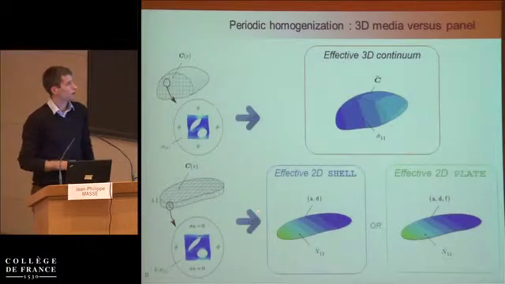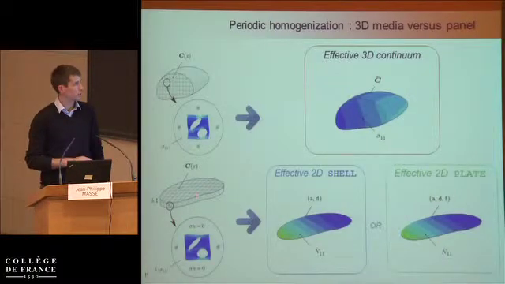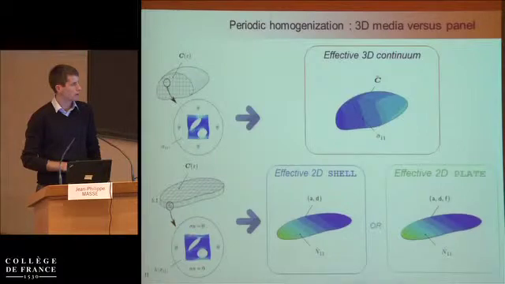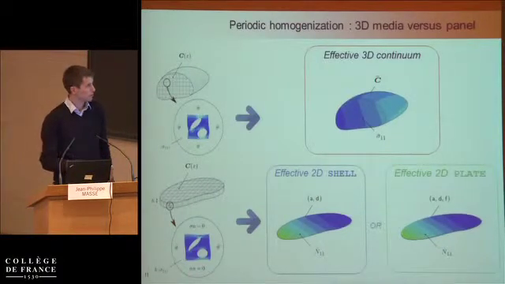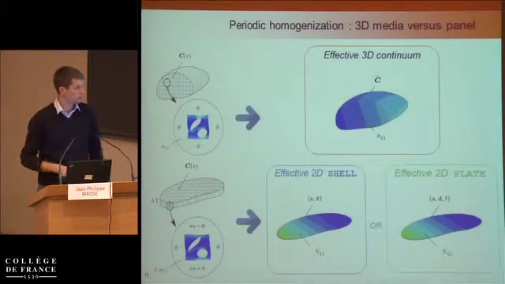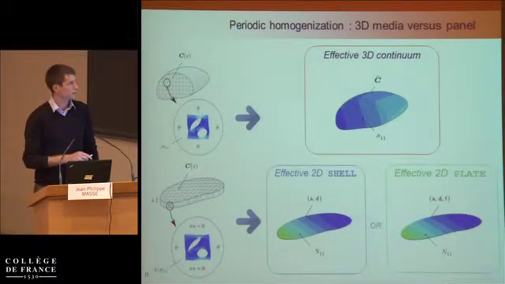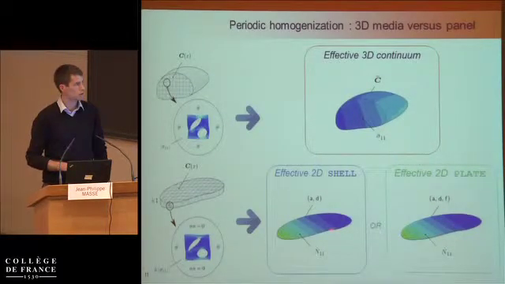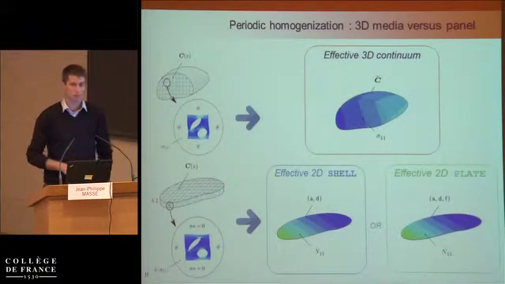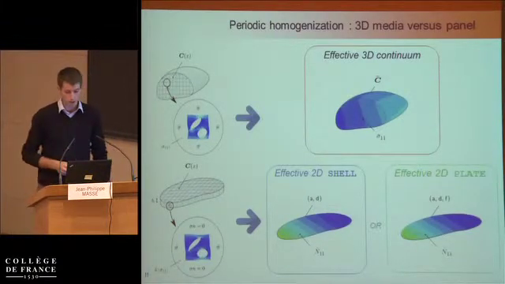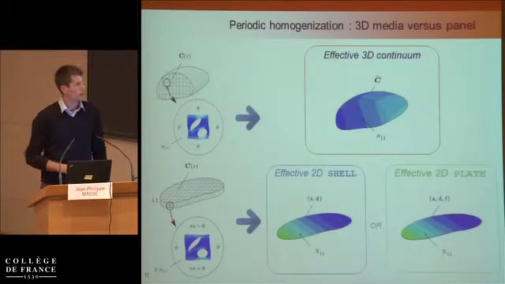But here we are talking about panels, so we have here our architecture panels with our unit cell with free stress boundary on the up and down of the unit cell. And the homogenization step will be to convert this full architecture into an effective 2D shell or plate model.